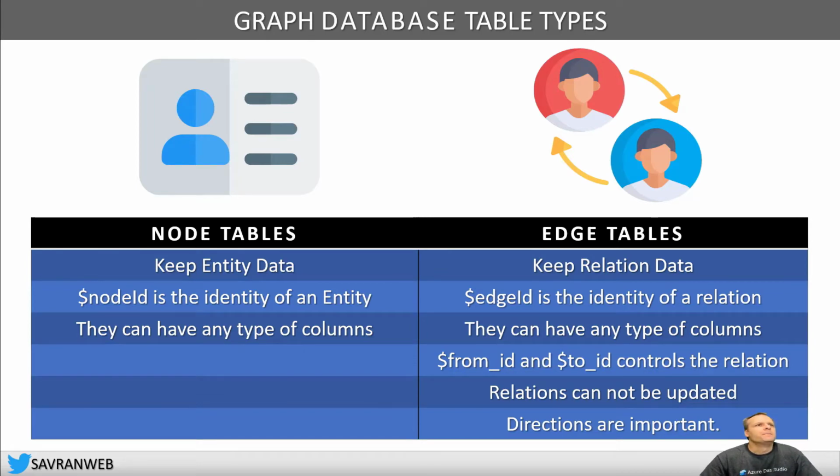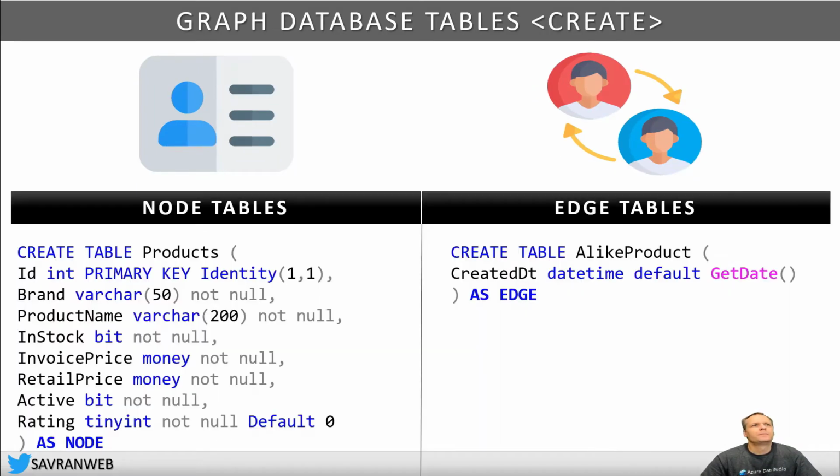All right, so next slide here. This is actually how you create the node tables and edge tables. As you can see in this example, we are still using the create table syntax. We are putting in all kinds of columns that we want.